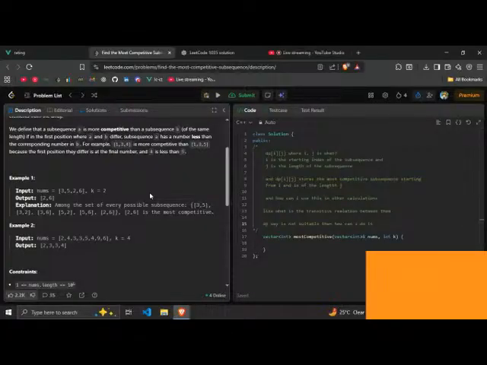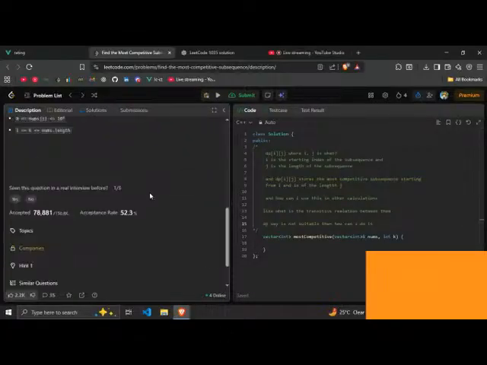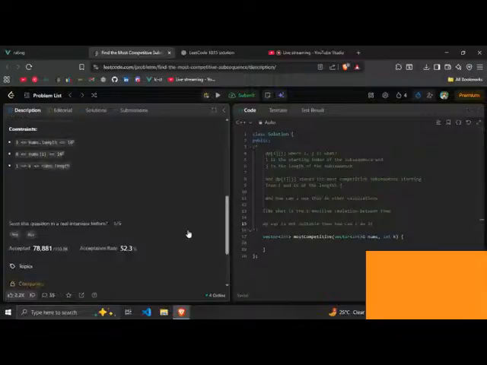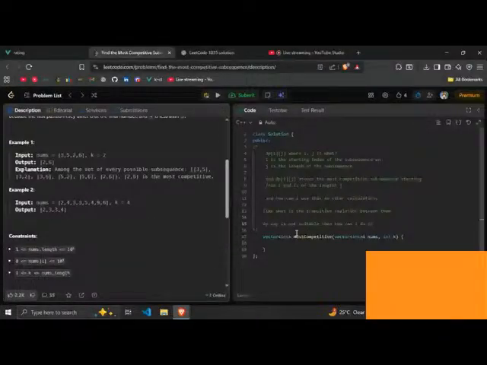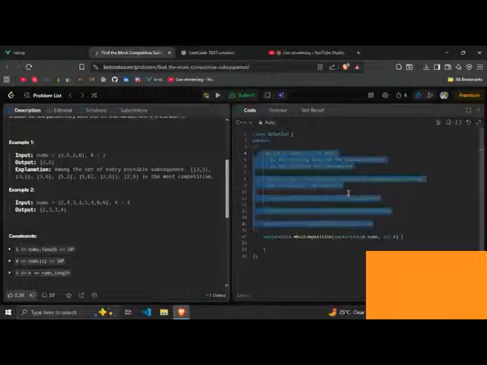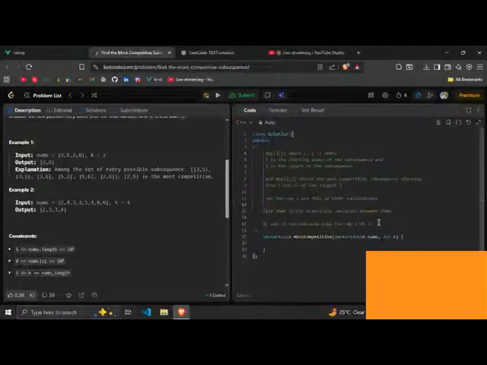So let's see the hints. Stack, yeah, monotonic stack. Okay, monotonic stack. I was thinking, let's keep the DP way like that only.